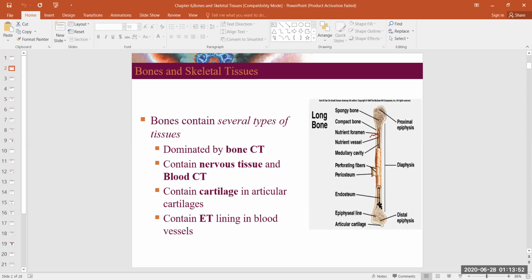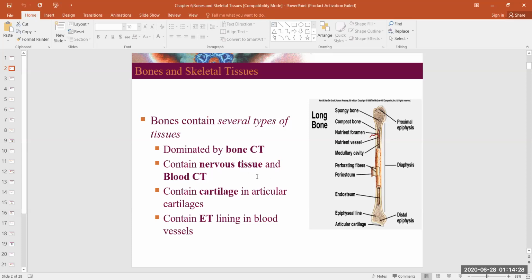Inner side, if you take out all the yellow marrow, the inner wall of the compact bone is also covered by a connective tissue layer, and that is called endosteum. So is a bone an organ or a tissue? Bone is an organ made up of bone tissue and several other kinds of tissues. Bone contains several types of tissues, but it is dominated by bone tissue, which is a type of connective tissue.